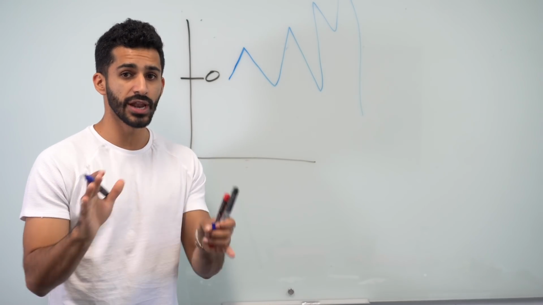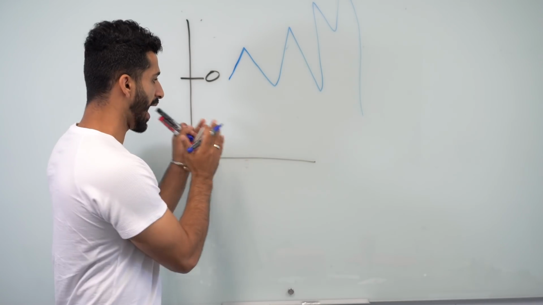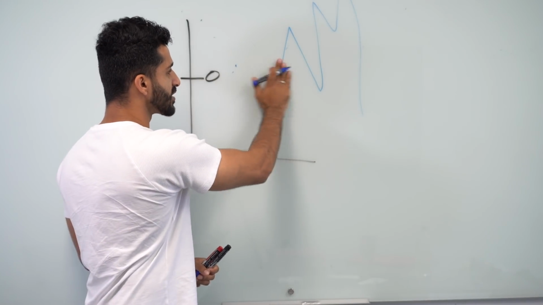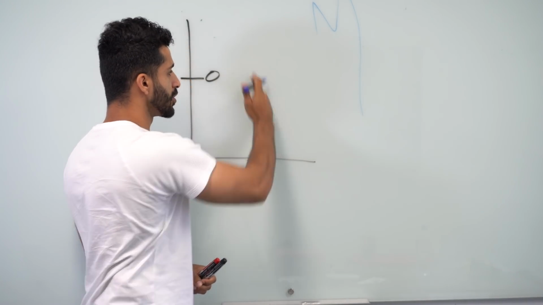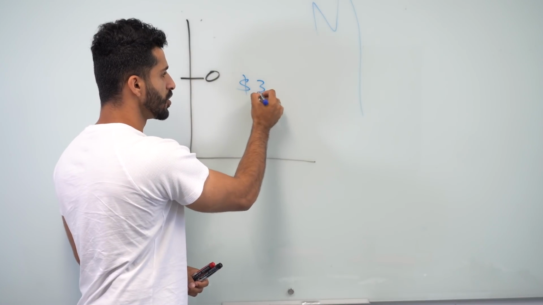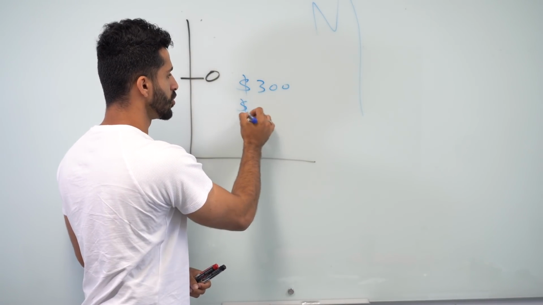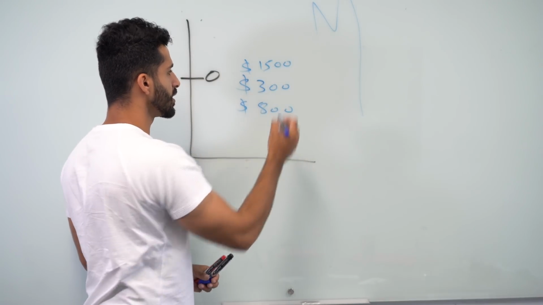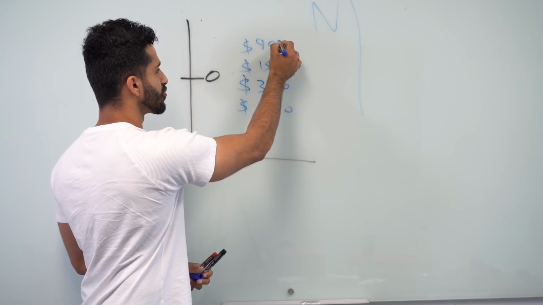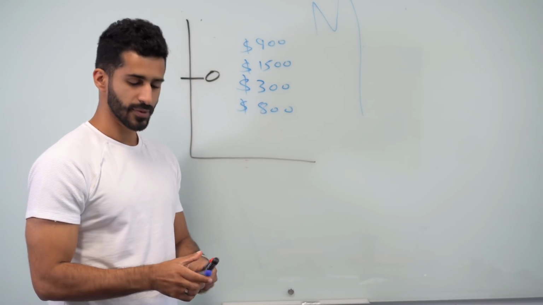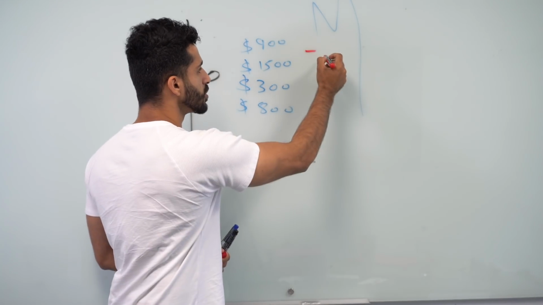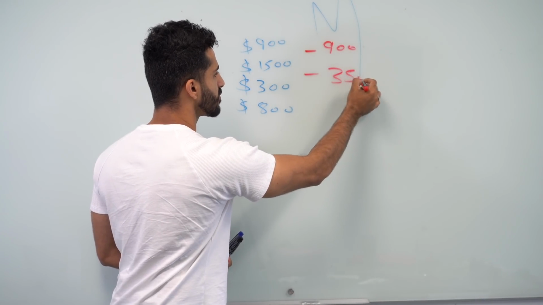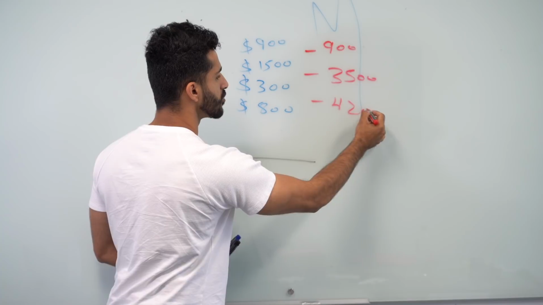I'm pretty sure a lot of you have the same understanding with these type of traders, where you have days where you make 300, you make 800, you make 1500, you make 900. But then at the same time, you have days where you lose 900, you lose 3500, you lose 4200, right?